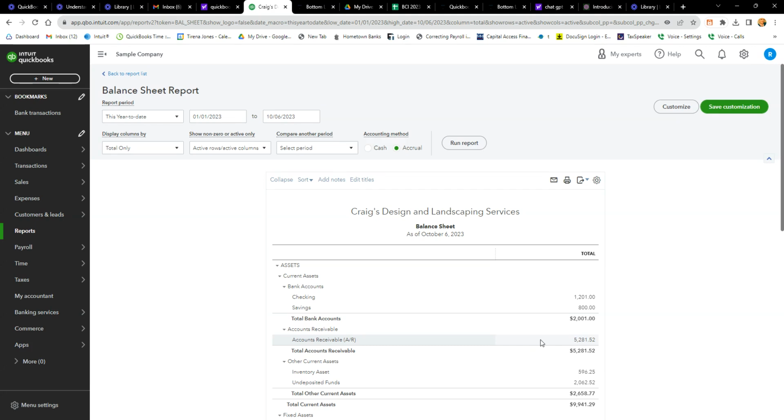Because if your balance sheet is wrong in any way, none of your other reports will be right. Your profit and loss will be wrong. Your cash flow will be wrong. Your accounts receivable could be wrong. So I am heavily a proponent of making sure your balance sheet is right, and then we look at the other reports. So let's go to the other report.